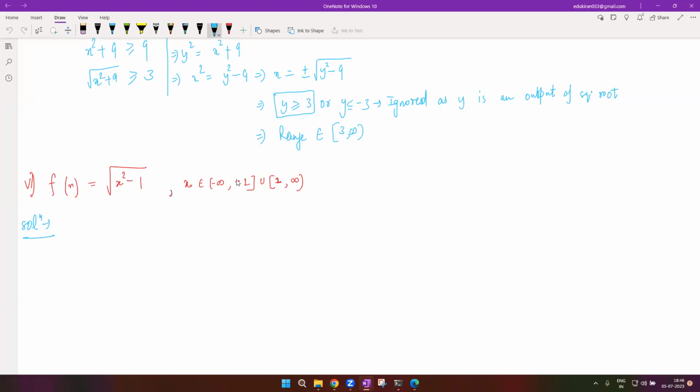So x square will produce the same result for both negative and positive numbers. The other reason is that we can't check both sets simultaneously. So let's take one set first, either negative or positive values, and then we can go for the other type. For simplicity, I'm taking positive values first.